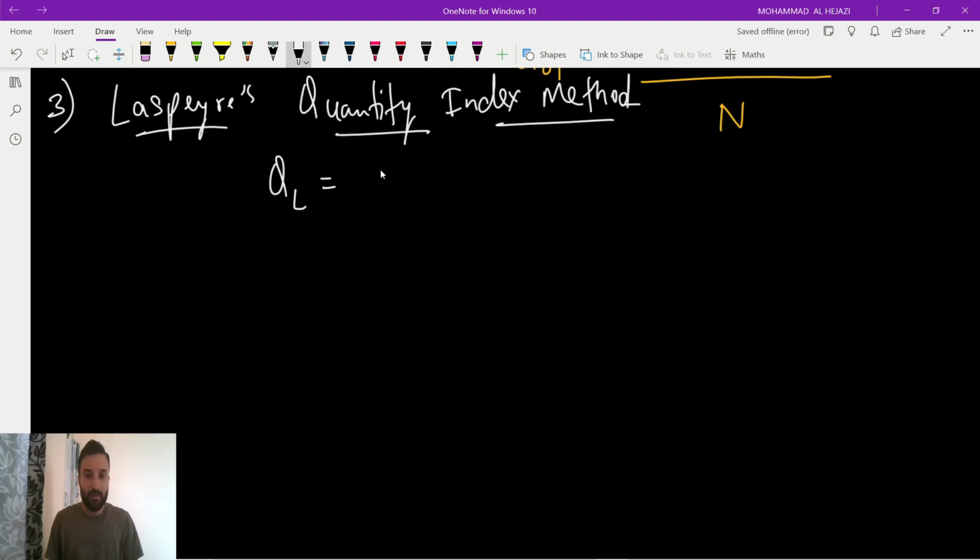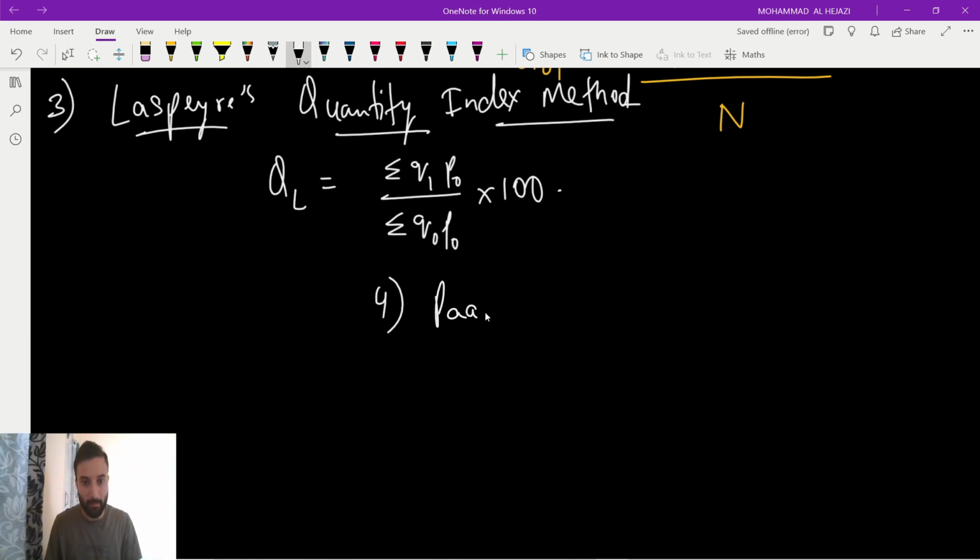What is the formula? Yes, see what was the formula? Formula was summation of P1 Q0. So we'll write summation of, in place of P it will become Q1, P0 divided by summation of Q0 P0 into 100.